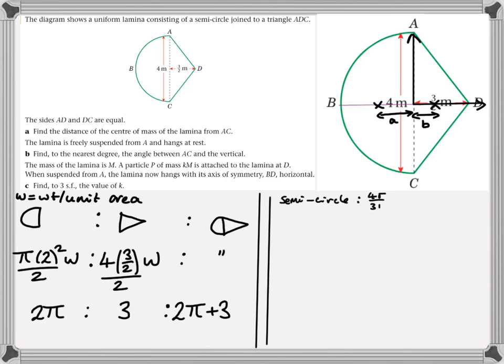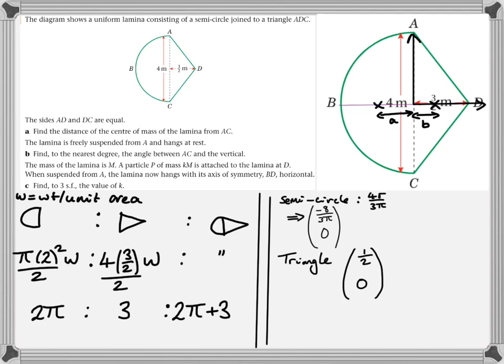Okay, so here we go. The formula is 4 over 3 pi. So if I put in the radius, I get the x coordinate as minus 8 over 3 pi, and the y coordinate is 0 as discussed earlier. And for the triangle, it'll be a third of the way along the median line. Sorry, a third of the way along the altitude. So in that case, it will be half a third of 3 over 2.